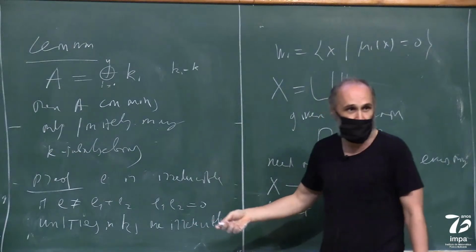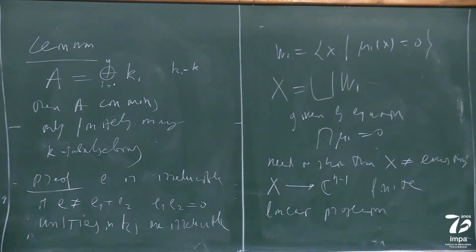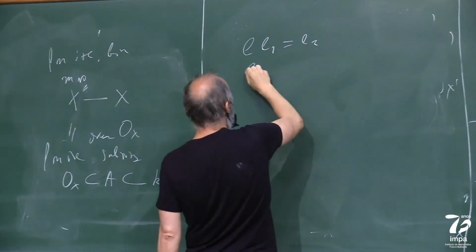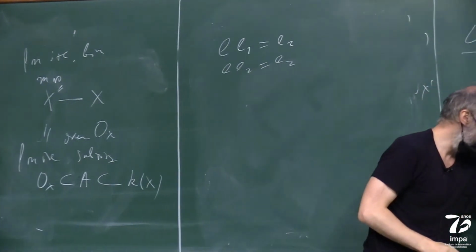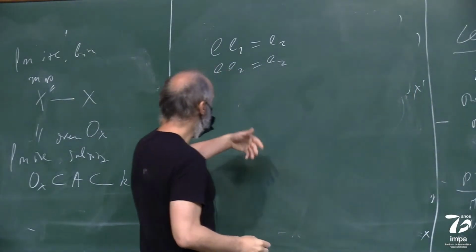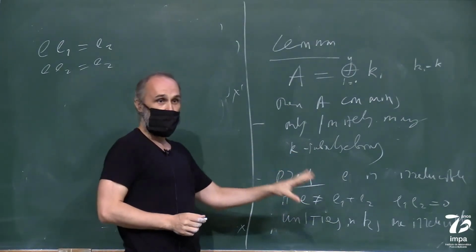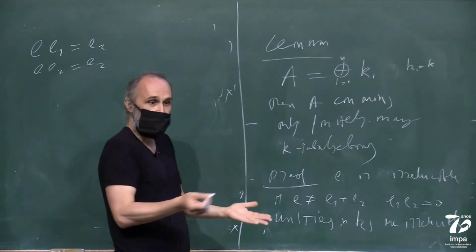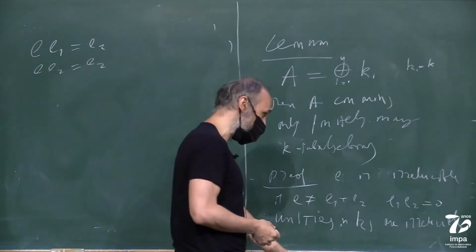Because if you have this decomposition, then you would have e1 equal to e·e1, e2 equal to e·e2 by these two relations. But then multiplication by e, if e is a unity in a field, is surjective on this field. And the field doesn't have any non-trivial idempotents because it has no zero divisors.